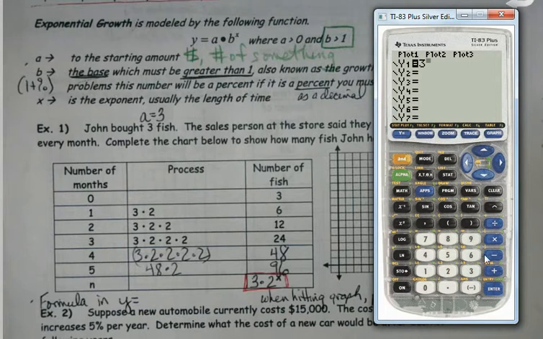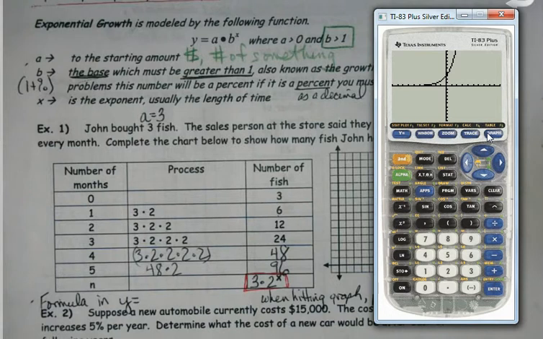So I got 3 times 2, and to get the exponent, remember it's just this little up arrow. So 2 to the x. So that's what this equation would look like on the calculator. Now the thing that gets kind of funny is, if I hit graph, let's say I want to look at it.